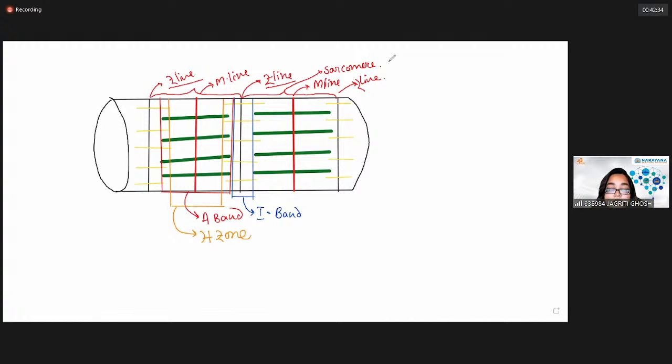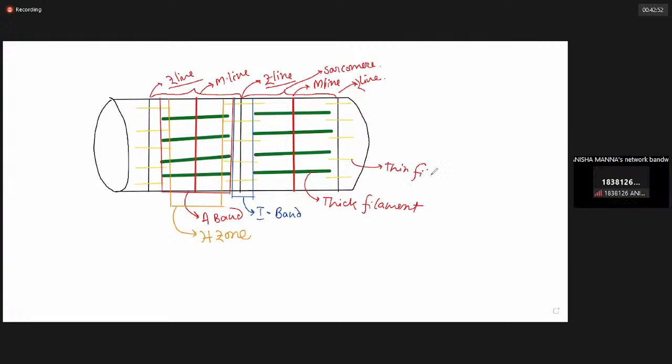Last, this is the thick filament. This is the thin filament.